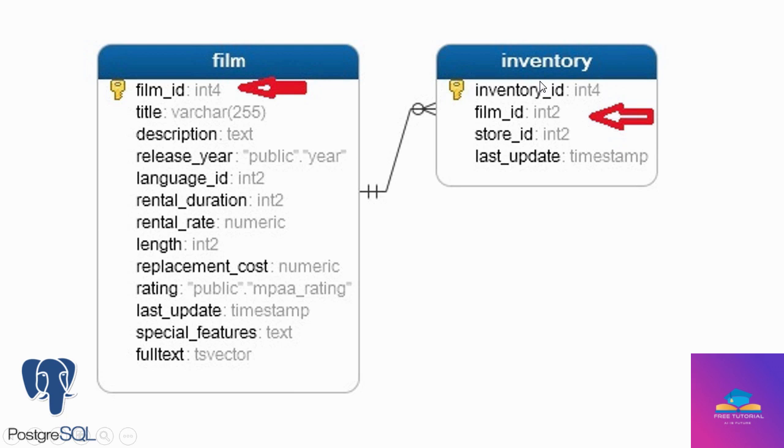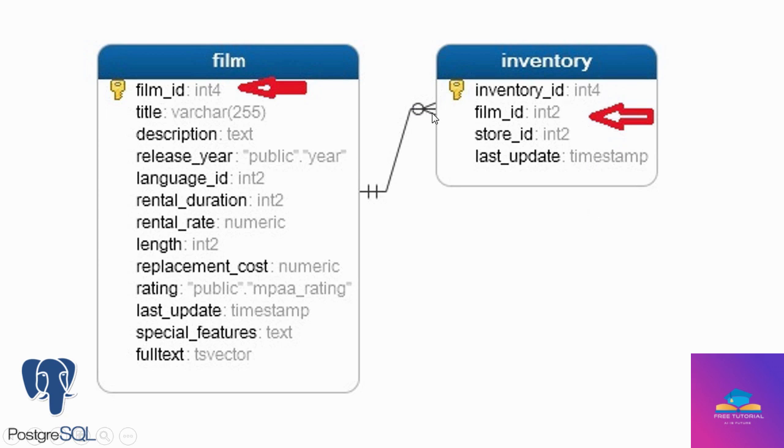If you look at the inventory table, it also has a film ID column. So these two tables have a relationship, and we can perform a join based on the matching columns from both tables. What this ER diagram is saying is that each row in the film table may have 0, you can see the 0 here, may have 0 or many rows in the inventory table.